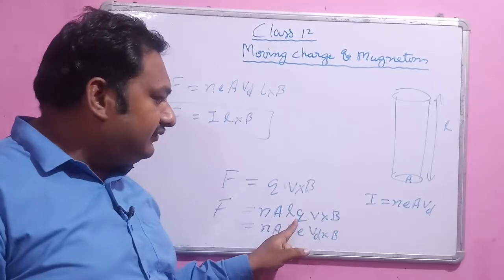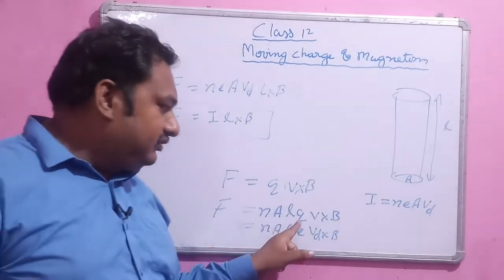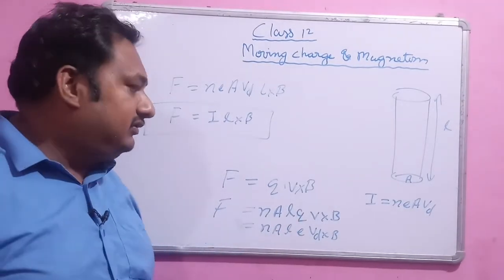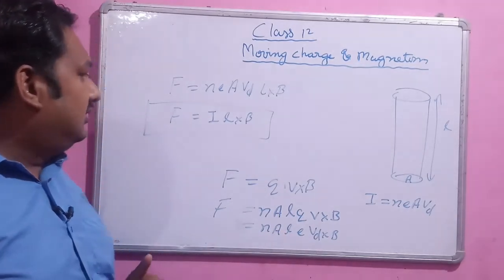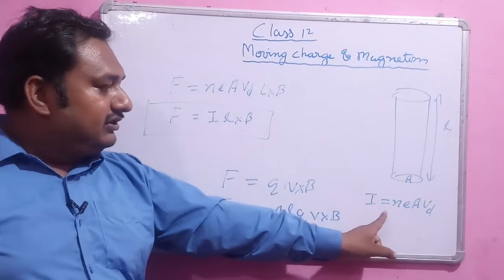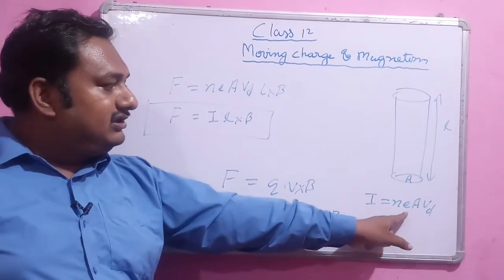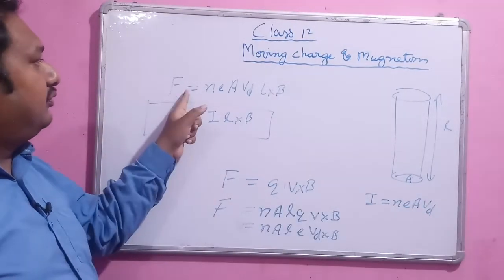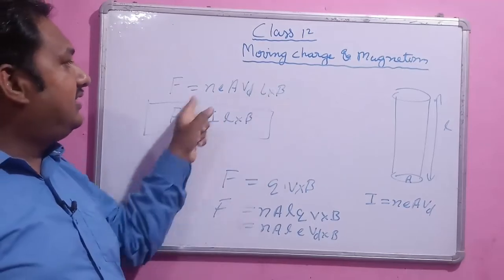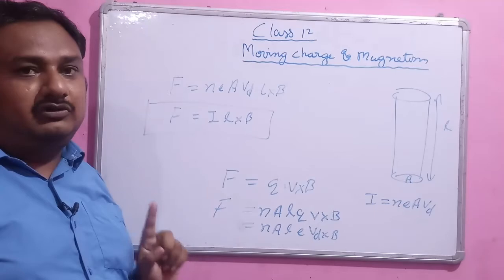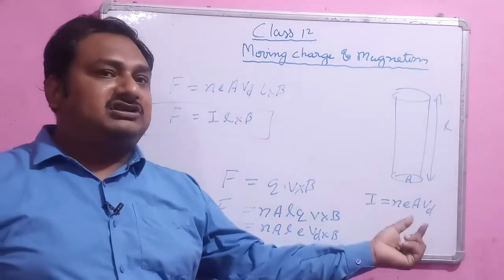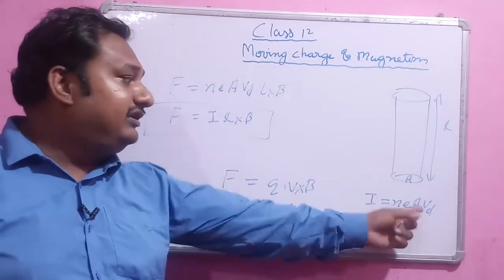We can replace q by e because electrons are flowing. So nALe Vd cross B. From our previous knowledge I equals neA Vd, so instead of neA Vd we can put I, giving I L cross B. We are assuming that the charges are moving with a velocity Vd.